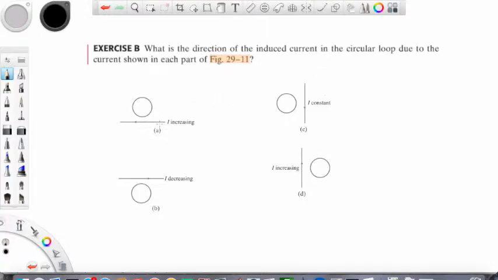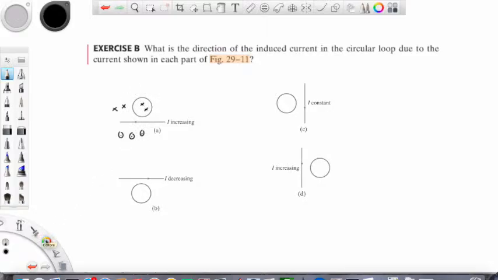So in A, we have an increasing current to the left in the conductor, which means that according to the right-hand rule, there will be a magnetic field that is circular about the conductor. So on the top half, it's going into the screen, and here on the bottom, it's coming out of the screen. So we have a field like this that increases into the screen where the coil is.